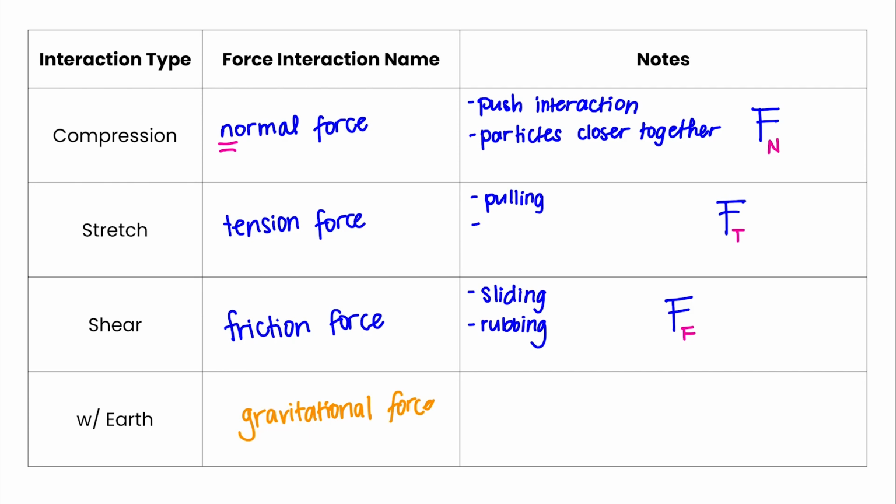All right, so for gravitational force, everything has an interaction with Earth. All right, and so that would be symbolized with capital F for force, and then we're going to have a G. So F sub G, that would represent gravitational force.